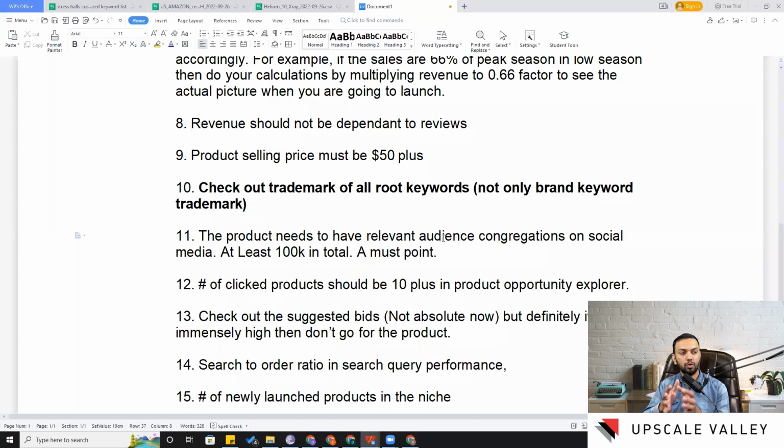There should be some online presence of your particular target audience or keyword on social media. That's a very important point, because we would need that in external marketing efforts, in the product development section, and some other stuff as well. If your product does not have some online congregation point, that's a negative thing, an absolute negative thing.